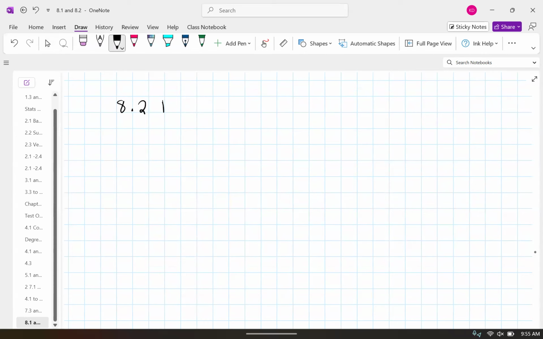This is the distribution of sample proportion. I do not know why the word proportion is so hard for me to spell, but I always get mixed up which one is PRO and POR because it just does.